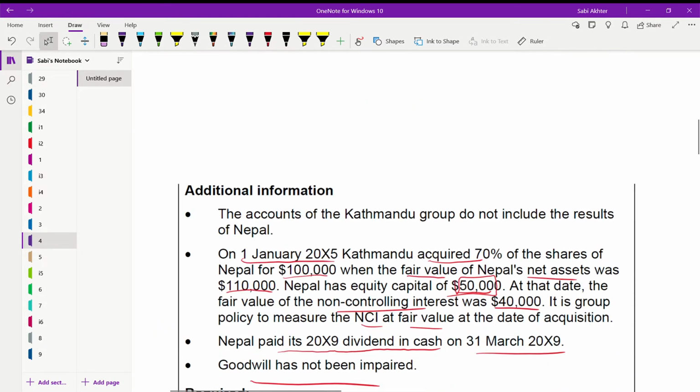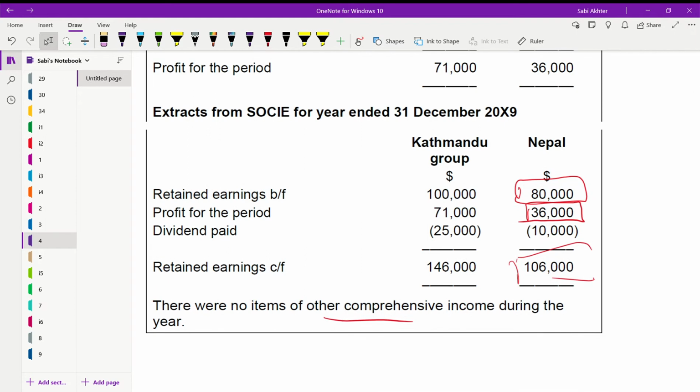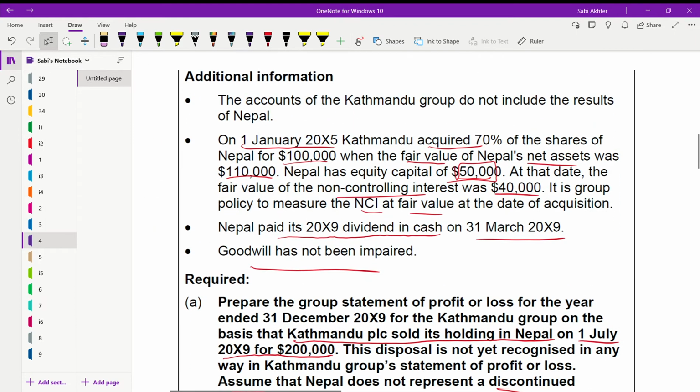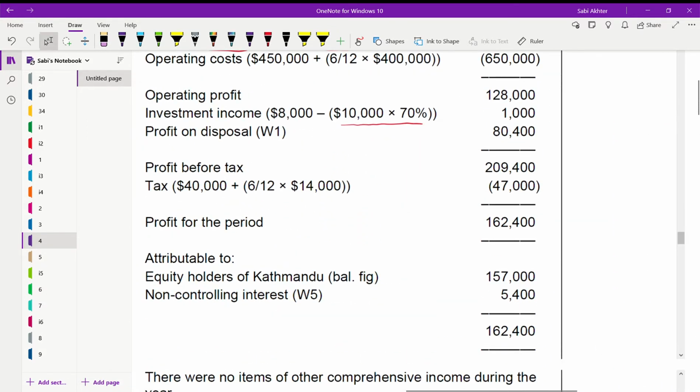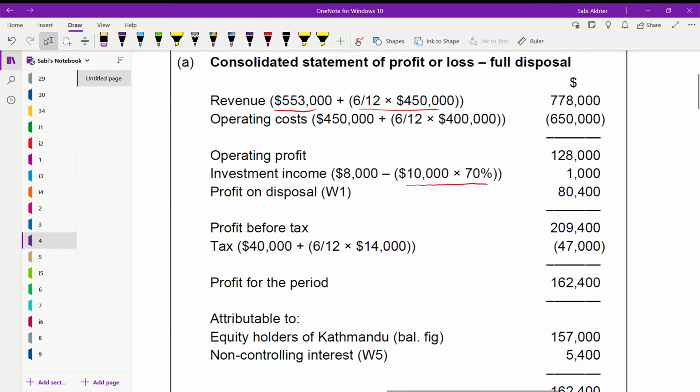So when you're going to the investment income here, you have bought 70% for 70,000, right? At that time, you have to take the 70% of 10,000 and deduct it from this investment income. What is that 10,000 that you are deducting?